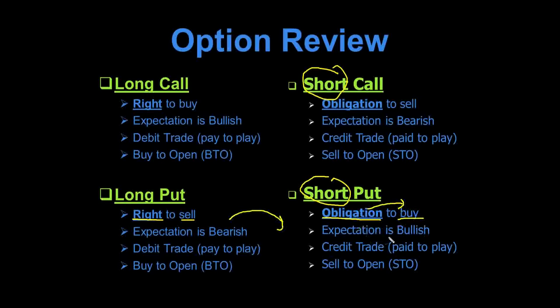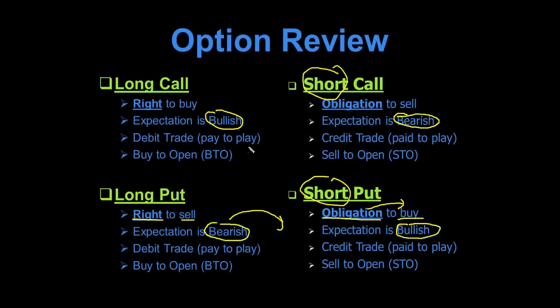So the expectation is bullish. Notice right over here, the expectation is bullish for a long call. Obviously over here for a short call, the expectation is bearish. Over here with a long put, the expectation is bearish, but with a short put, the expectation is bullish.